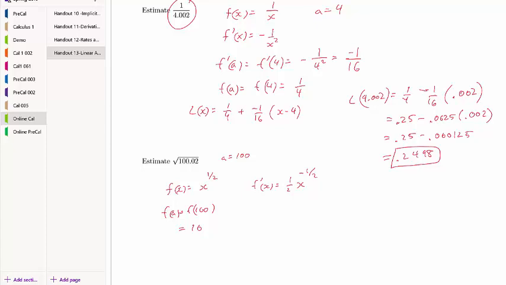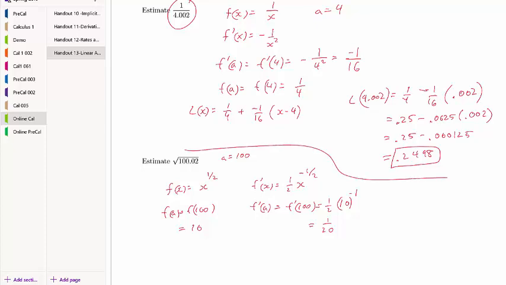Okay. And so now let's look at f prime at a. What's f prime of 100? Note this is simply 1/2 times 1 divided by the square root of 100, which is going to be 10 to the negative 1. So this is simply 1 over 20.